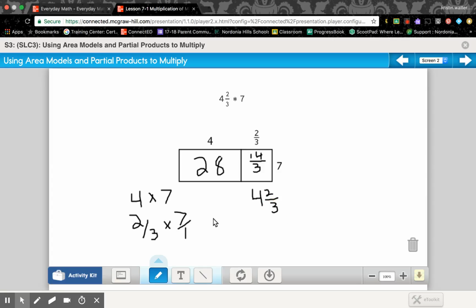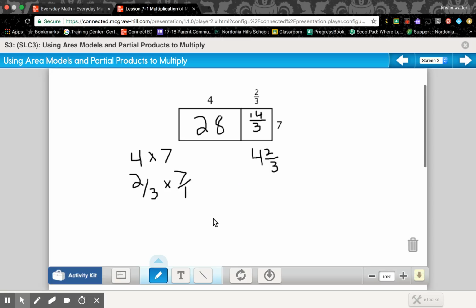So we're not done. Remember, our final step is to add up our products. So we have 28 plus, since we simplified it to 4 2/3, I'm going to write it as 4 2/3. If you wrote it as 14/3, that would be okay also, but let's get in the habit of simplifying.